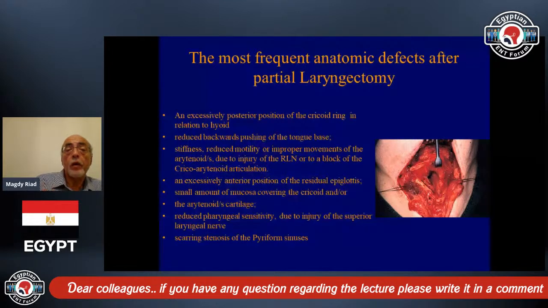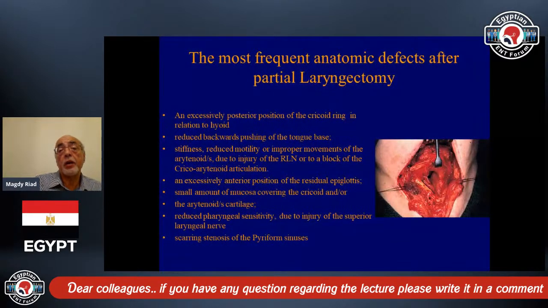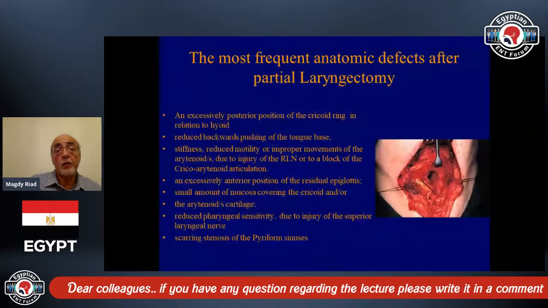One other group of aspiration would follow partial laryngectomy patients, and there are very good reasons to have aspiration after partial laryngectomy, including change in the position of the cricoid ring in relation to the hyoid, and decreased mobility of these structures, or the laryngeal nerves, either the sensation or the motor parts, are affected.